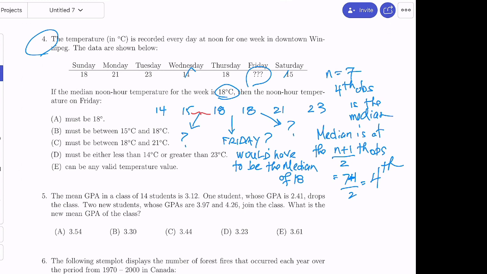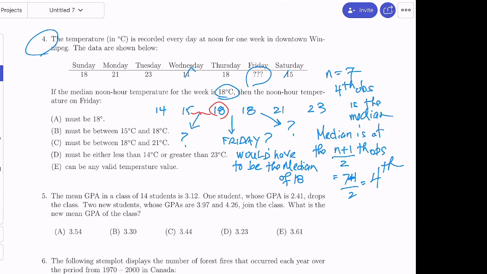If it is some number in between, the median could still be 18. Right? Because there would just be one more value here, and then you could still get this one as the median. So you'd still have 18. So it could be anything between 15 and 18, so that's true.